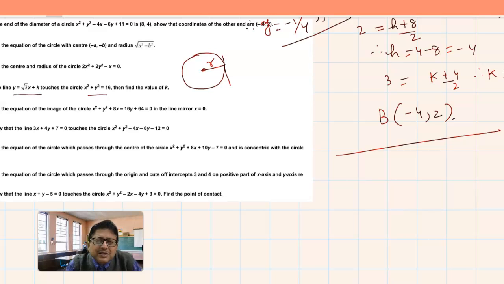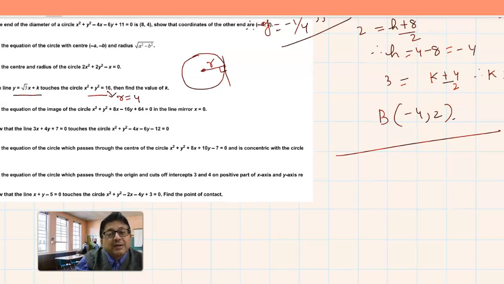All of you understand what I said? If a line touches a circle, then the length of the perpendicular from the center to the line has to be equal to the radius. So the radius of this circle is what? The radius of this circle you all can see, it is x square plus y square equal to 4 square.